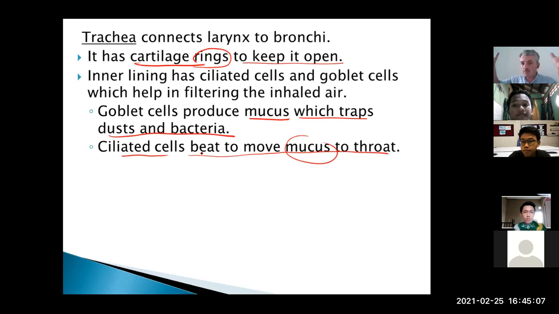The air we breathe contains many dusts, bacteria, viruses, many things. So when the air is going in, we have to remove the mucus. That is done by ciliated cells. And the cells producing mucus, they are called goblet cells. Goblet cells produce mucus.